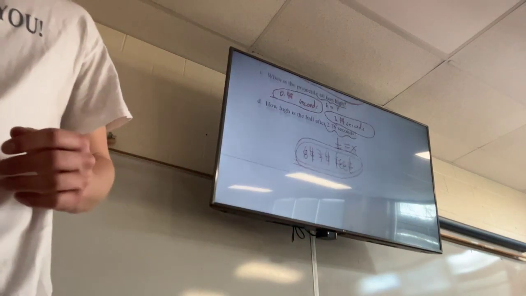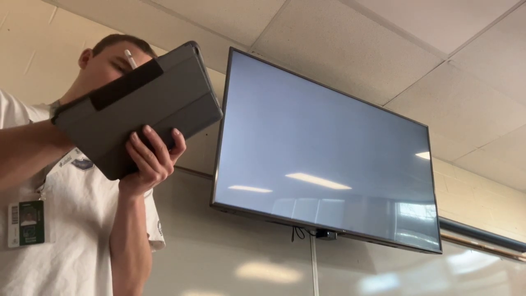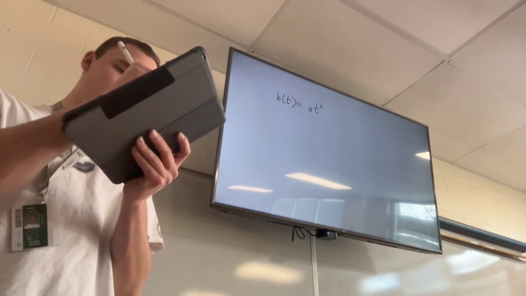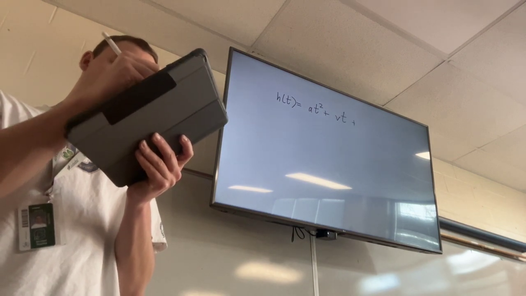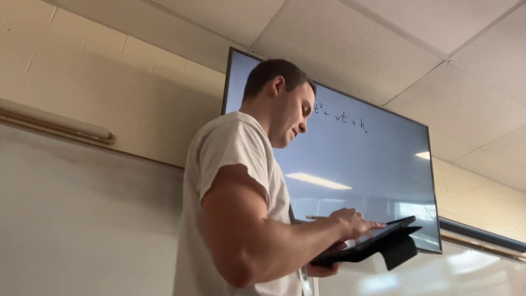So there are going to be some problems on the homework where they're going to give you a height equation. So they'll give you something like h of t equals at squared plus vt plus h sub 0, okay?